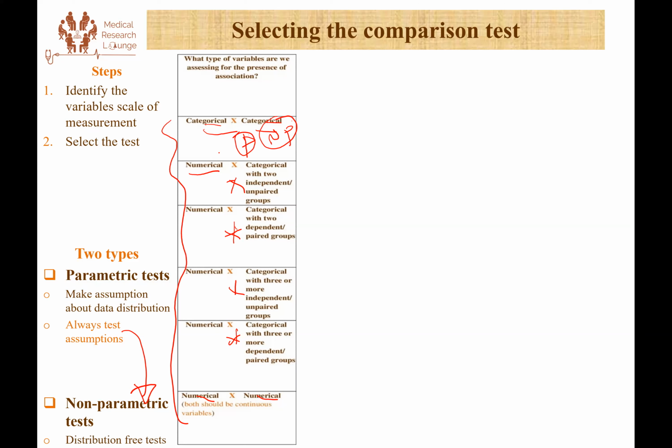Why is a parametric test always our first option? Because it assumes a normal data distribution of the population, and we have to test the assumption and use it. If it fails, we have to use the non-parametric counterpart of that parametric test, because non-parametric tests don't have assumptions, or we call them distribution-free tests.